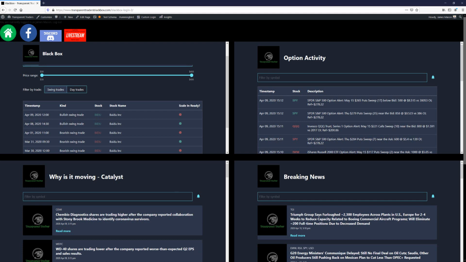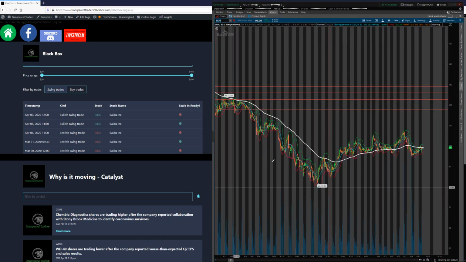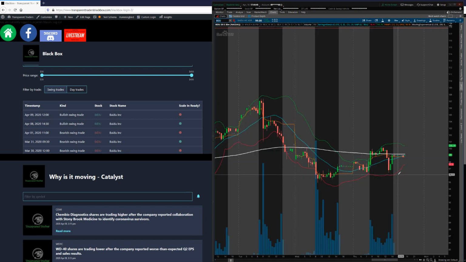So, pull my chart back up. Here we are, we have BIDU up, and this is the 30-minute chart. So, it's actually a 30-day, 30-minute chart, so I can go back further and look at alerts. And going back to April 8th at 14:30.